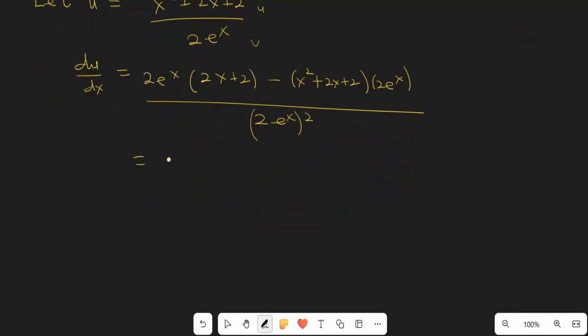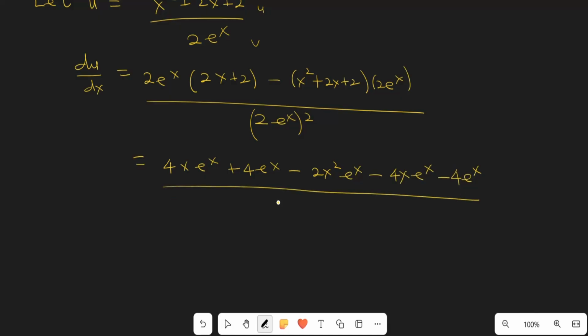So you can multiply out, this is 4xe^x plus 4e^x minus 2x squared e^x minus 4xe^x minus 4e^x. That is opening up everything. The denominator squared is going to be 4e^(2x).